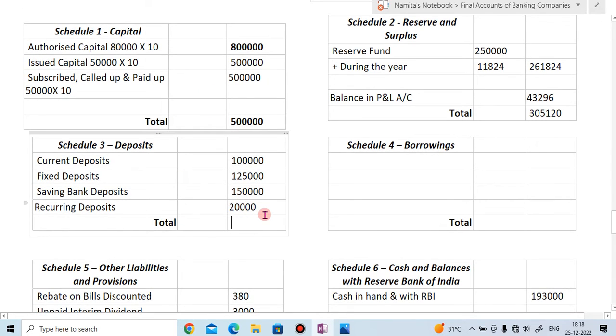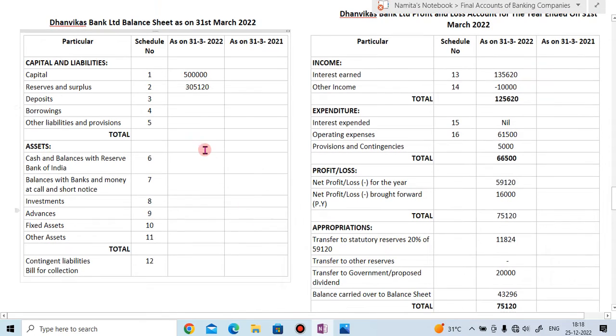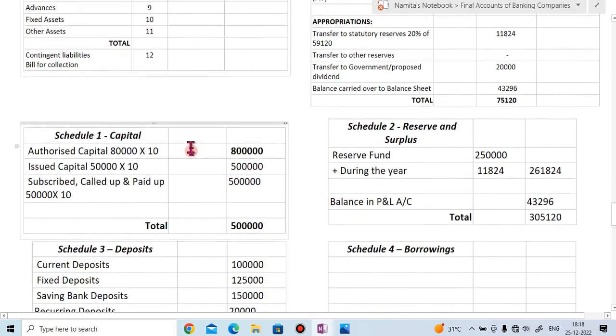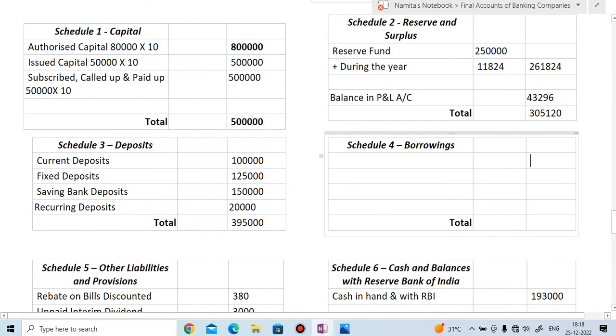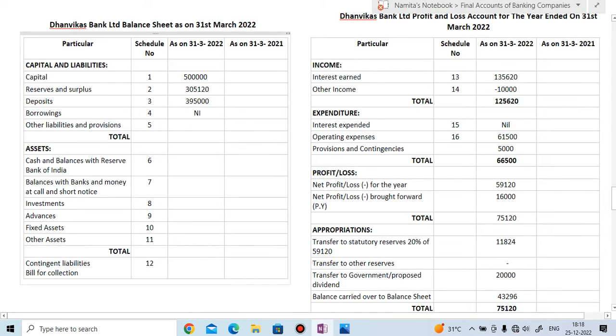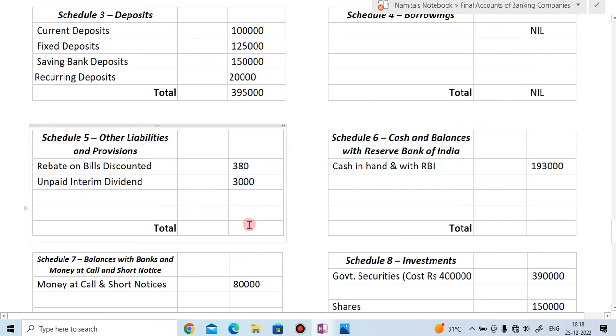Now close the deposits, add all the deposits. So total will be 3,95,000. So write in deposit 3,95,000. Borrowings, there are no borrowings, so it is nil. So write nil. There are no borrowings. Then schedule number 5, close schedule number 5.